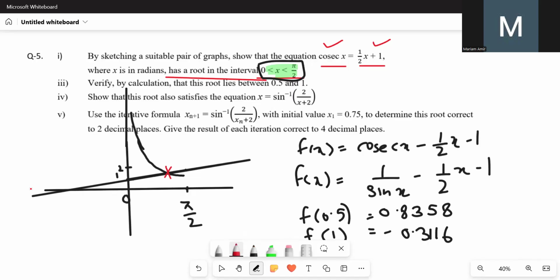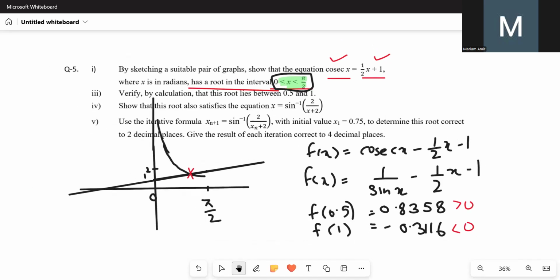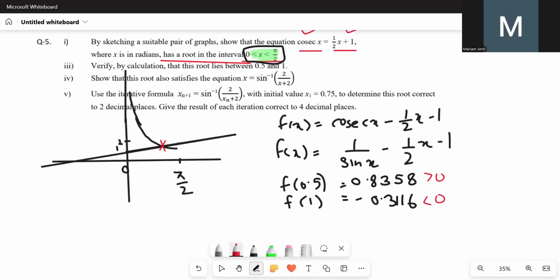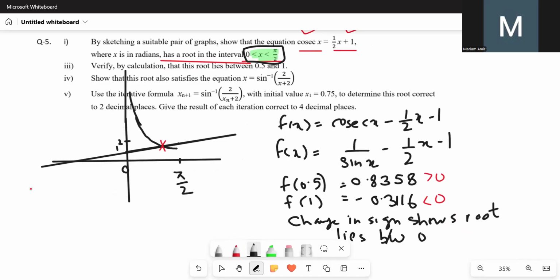You write greater than 0 with this, less than 0 with this, and then write the concluding statement that change in sign shows the root lies between 0.5 and 1.